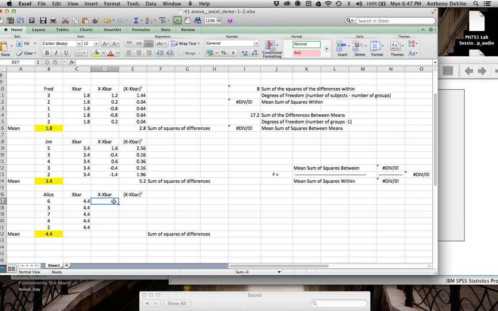Or what we call, shorthand, sum of squares. Doesn't matter which one I subtract from which here when I'm taking the mean and the actual individual values, because I'm going to square them anyway, so the signs will disappear.